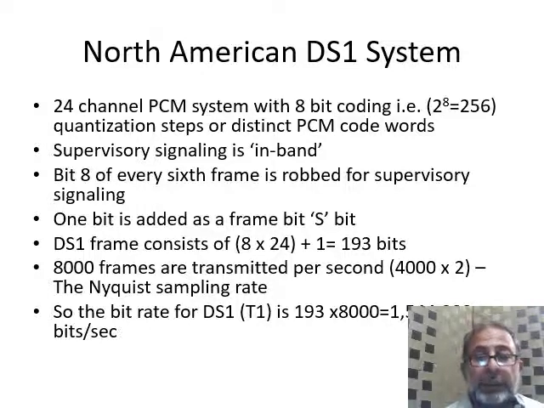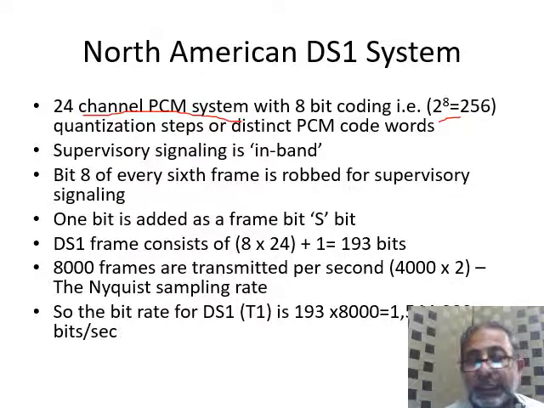In the North American DS1 system, a 24 channel PCM system with 8-bit coding, that is 2 raised to power 8 equal to 256 quantization steps, or distinct PCM code words, is used.